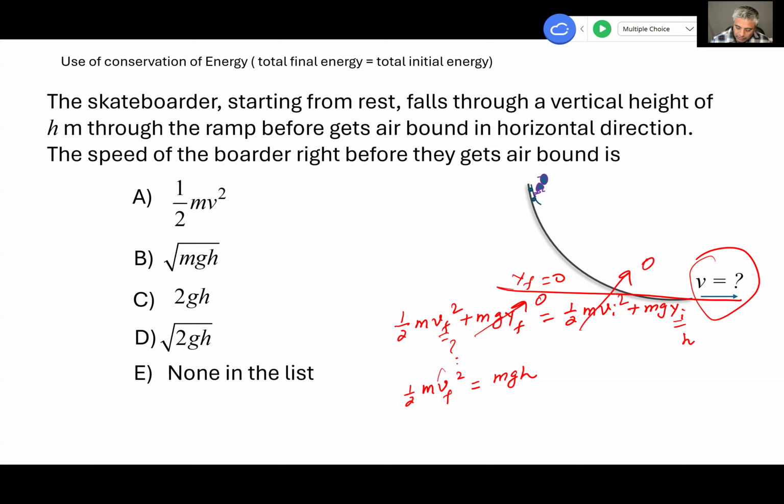Now to solve for this, we want to get rid of these, but it looks like m cancels here. So 2 goes and multiplies and becomes 2gh. That would be vf squared. So vf is the square root of that. So that's why D is the correct answer in this case.